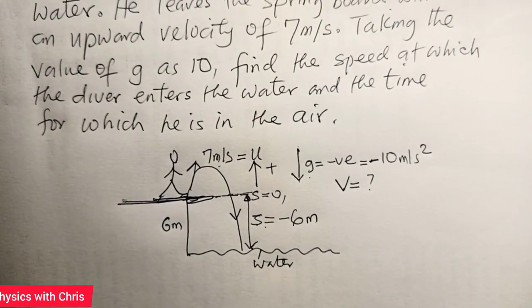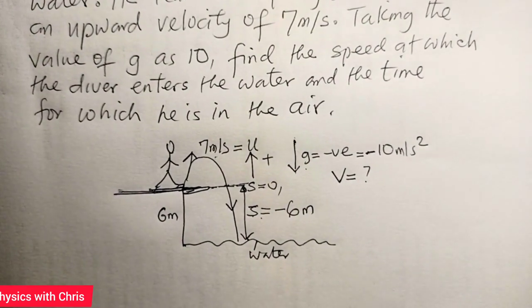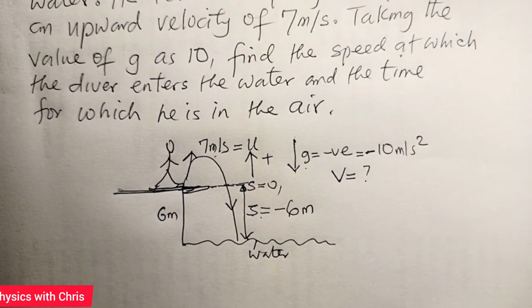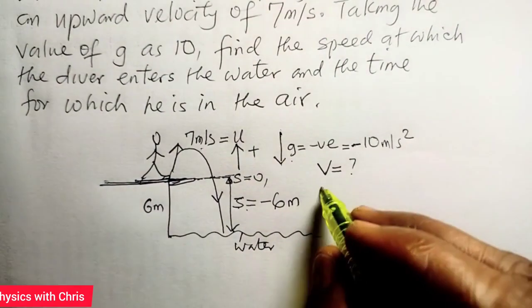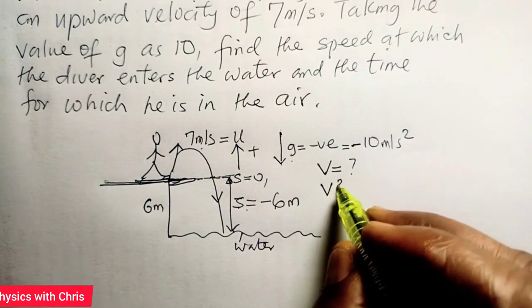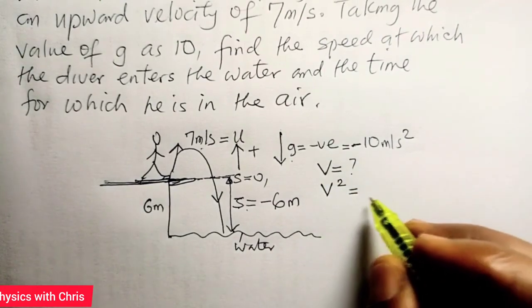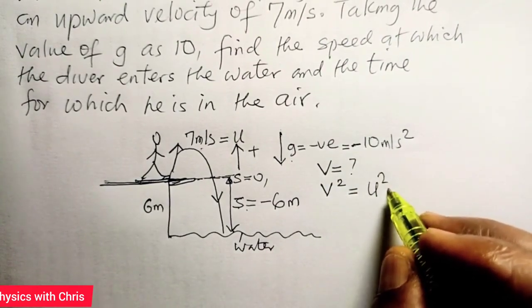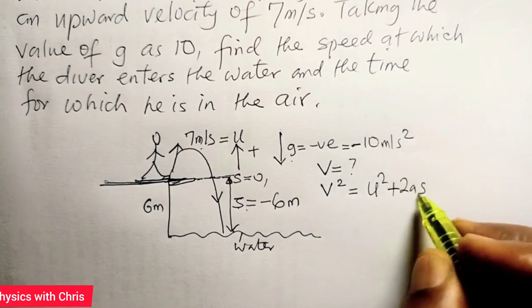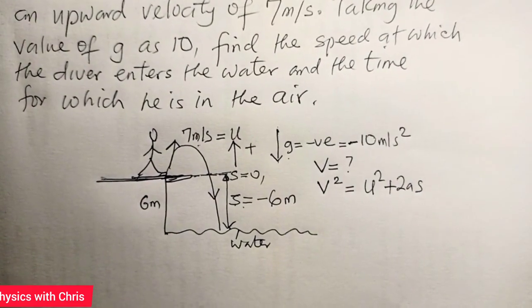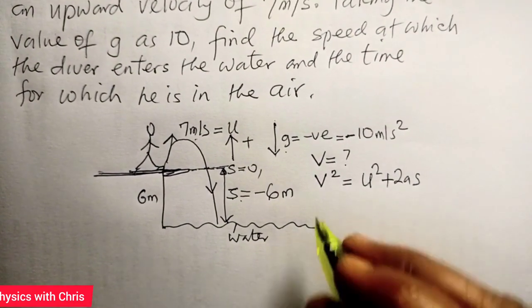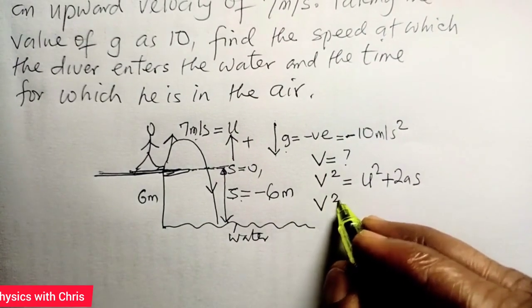So since I want to find the final speed, the speed at which the diver enters the water, then I can use equation 3. Equation 3, I recall that is v squared equals u squared plus 2as. Now, the v squared is what I'm looking for. That is the final speed v.